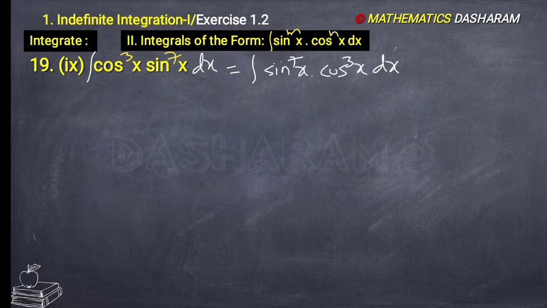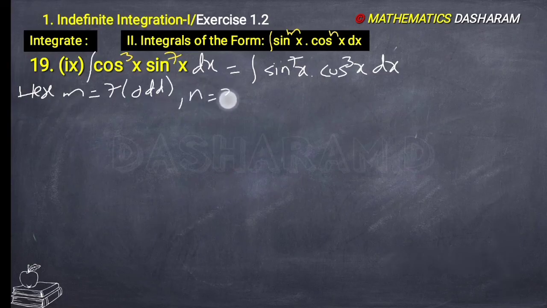So here m value is 7, an odd number. Next n value 3, it is also an odd number. So when both are odd numbers, then compare m and n values. So here m is greater than n.